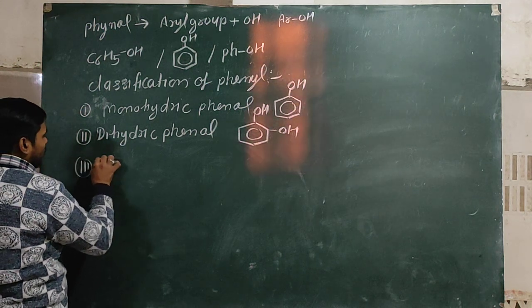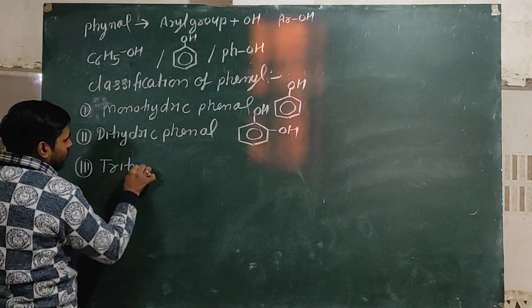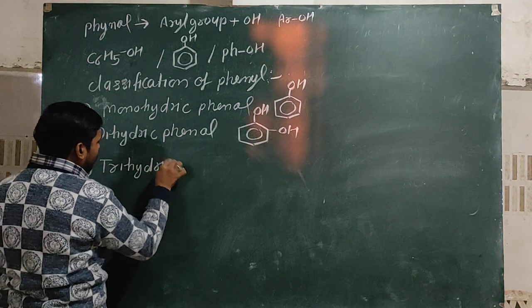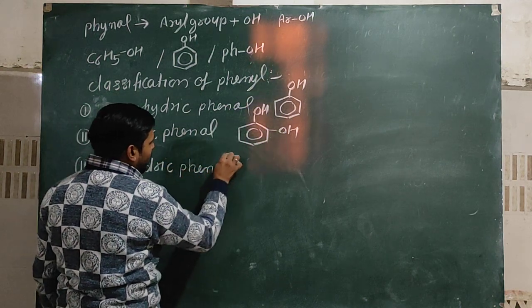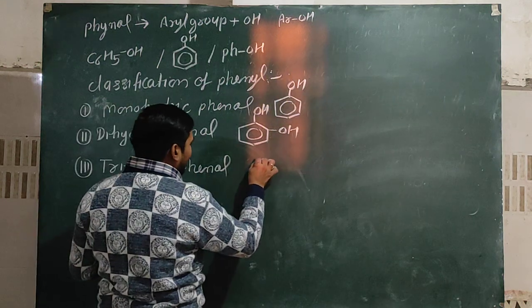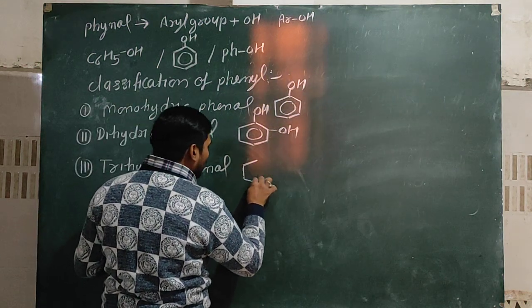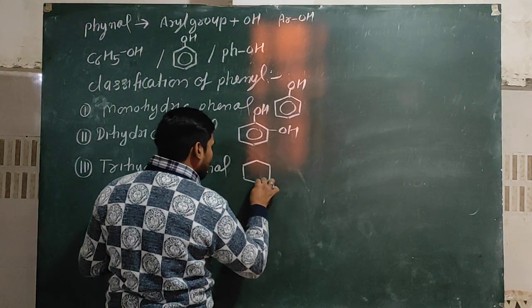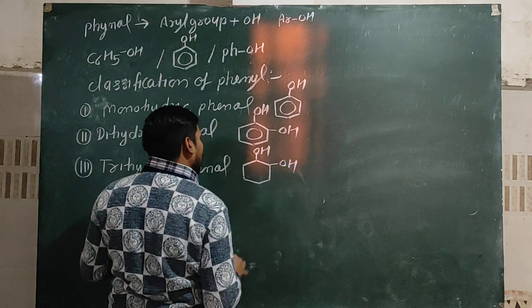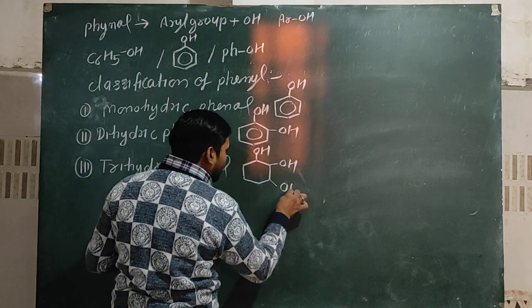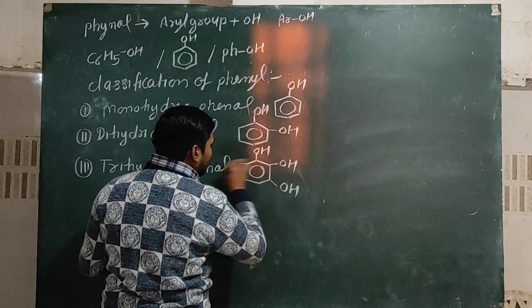Third is known as trihydric phenol. Trihydric phenols are those in which any phenyl ring contains three OH groups in its structure. Okay.